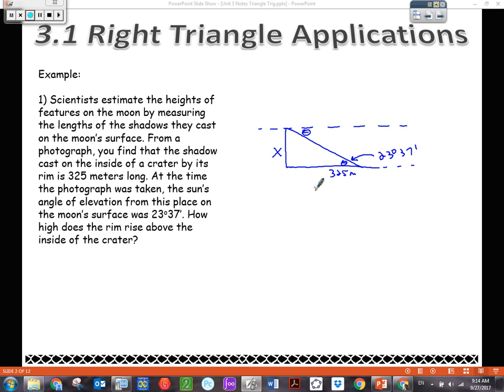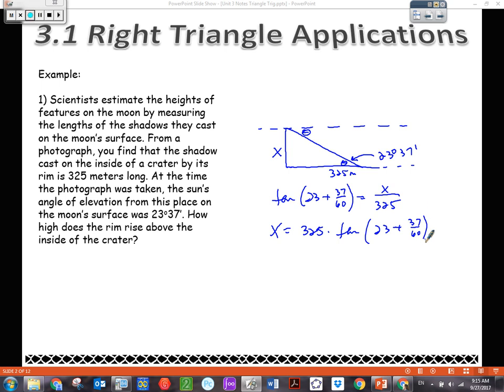We'll do tangent of 23 degrees 37 minutes, and I'm going to write it like this because that's how I'm going to input it in the calculator. Tangent is opposite over adjacent. So the value I'm looking for is going to be 325 times tangent of 23 plus 37 over 60.